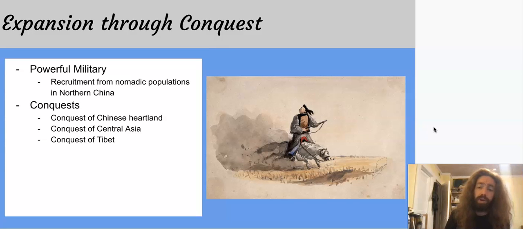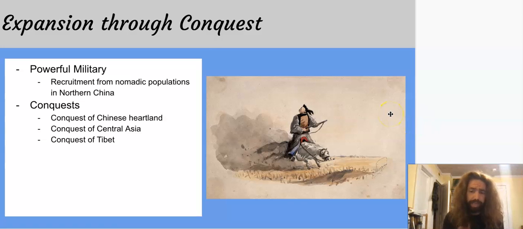In fact, one of the big benefits that they get from conquering Mongolia and Xinjiang is they are able to control a place where there are still a lot of people who live the sort of traditional nomadic lifestyle and who are still very effective sort of Mongol-style warriors, very resilient, self-sufficient, mobile, and incredibly good horsemen.